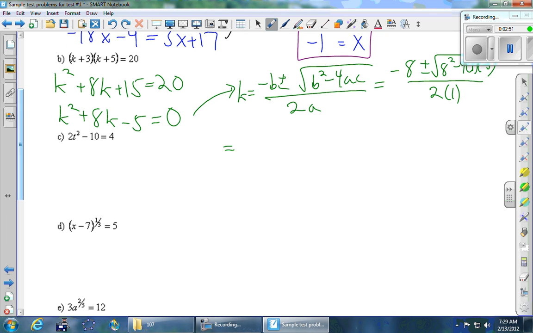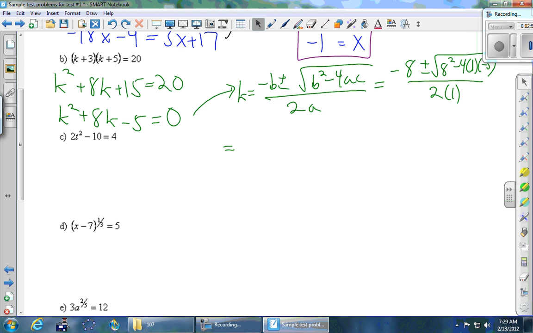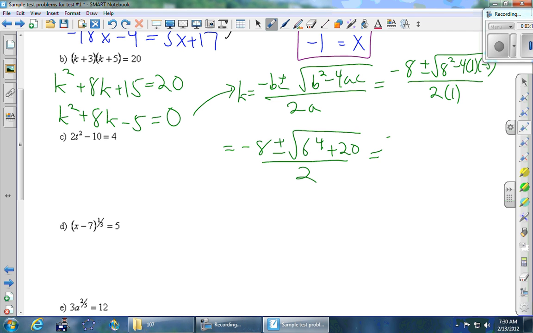Equals, let's see, so we've got a -8. Oops. We've got -8 plus or minus square root of 64, and then minus makes a plus 20, all divided by 2. -8 plus or minus the square root of 84 divided by 2.